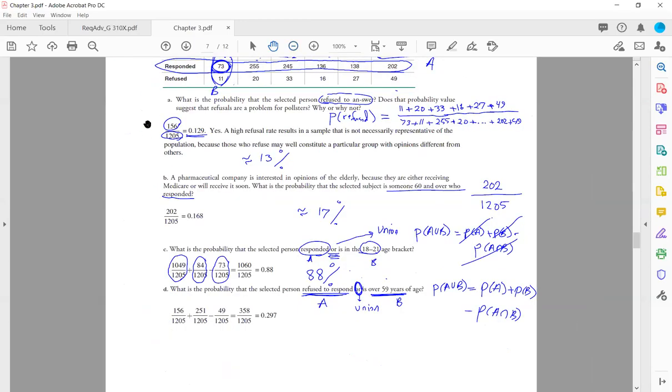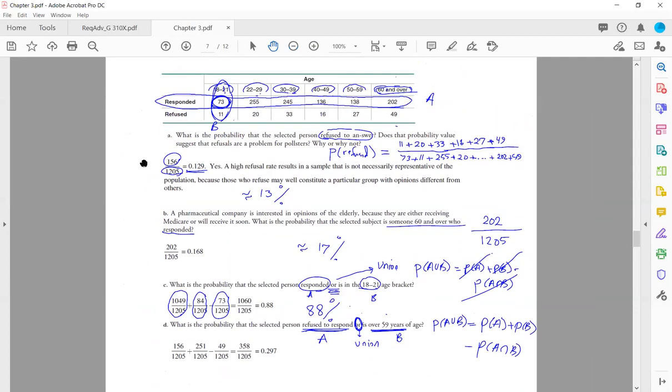Refuse to respond, we don't care the age bracket, so let me erase this. Refuse to respond, the last row, how many?